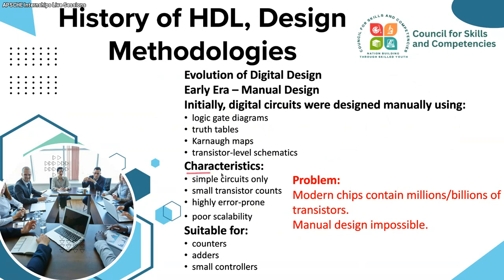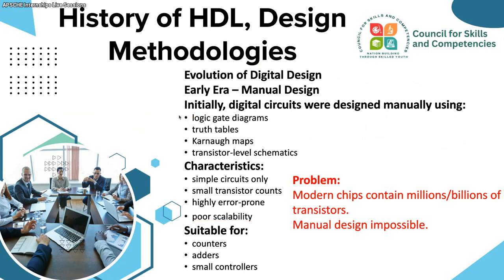What are its characteristics? We are able to draw only simple circuits, with only a small number of transistors, not millions and billions of transistors. It was highly error prone, with poor scalability.